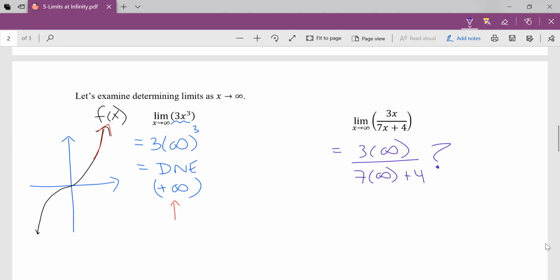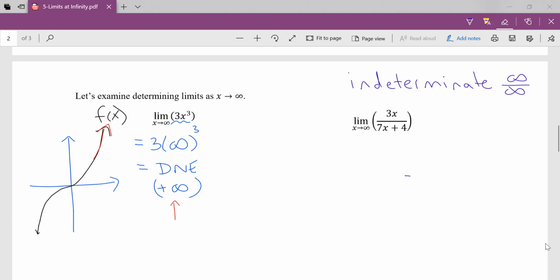We can't really do this. We can't say infinity divided by infinity. That's known as indeterminate. You can't tell me what infinity divided by infinity is. It's not 1 because infinity is not a real number.